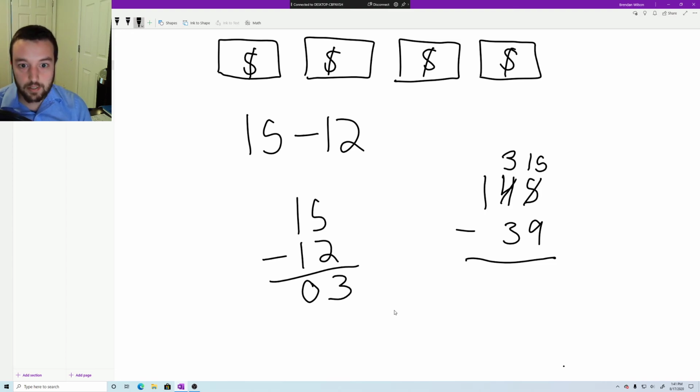Having 15 ones is the same thing as having 1 ten and 5 ones. So we can kind of mix between them like that. Now there's 15 ones, and if we subtract 9 of them, we're left with 6. So it allows us to actually do this problem. This is what we call borrowing.